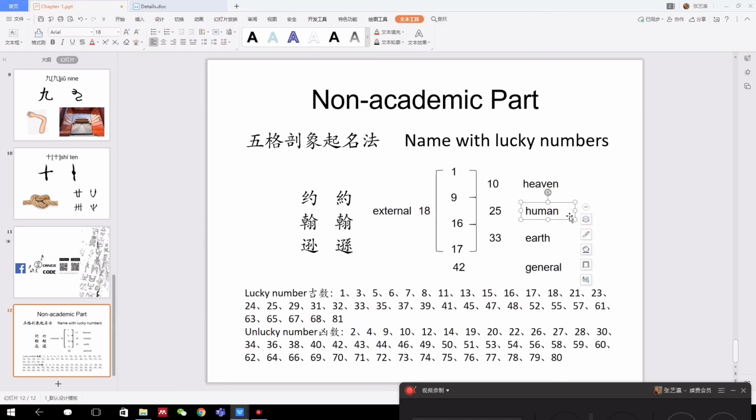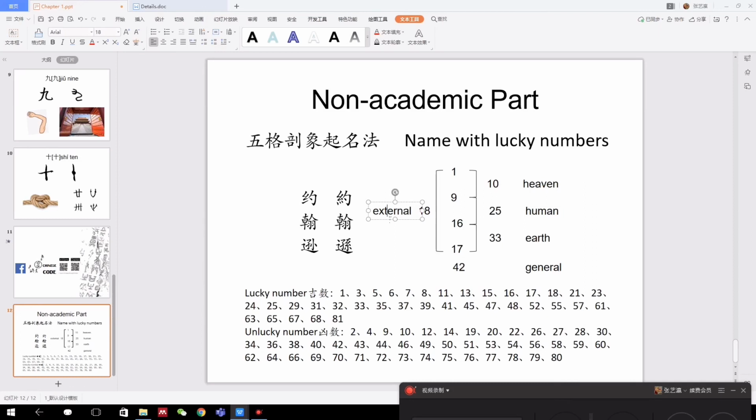The third one is earth, 地格. The total one is called 总格, and the last one is called 外格, external. And then you got these 5 numbers, and you can check this lucky number chart.